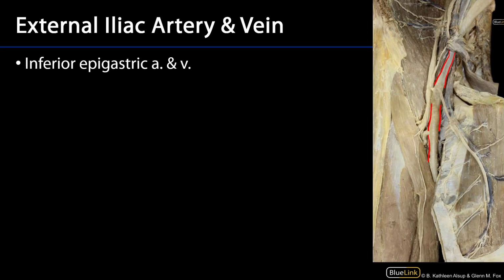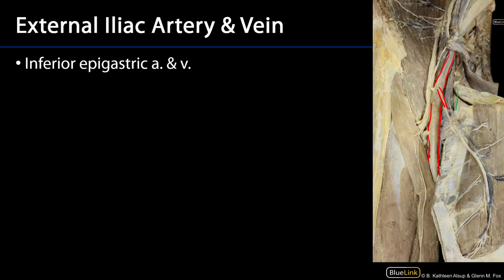This is the femoral artery in a region of the lower limb known as the femoral triangle, which we'll get into greater detail during MSK. And just before the transition, that external iliac artery is going to give rise to this vessel, which is the inferior epigastric artery.